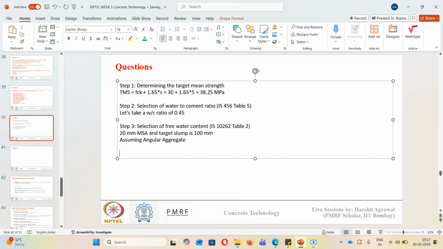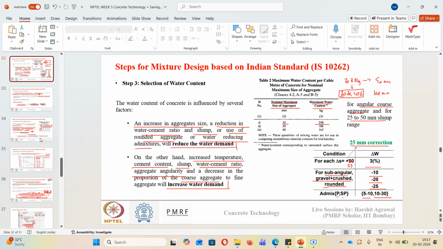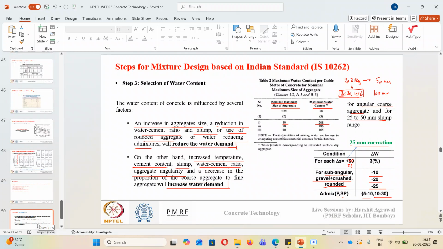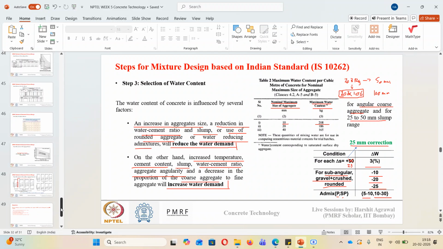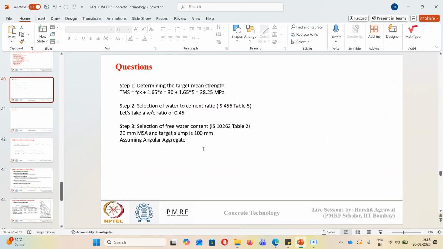As per the table, for angular aggregate, for 50 slump and for nominal maximum aggregate size of 20, my maximum water content is 186. This is for 50 slump. Now I want 100 slump, so I will increase this value by 6%, that is 3% plus 3% for every 25 mm increase.